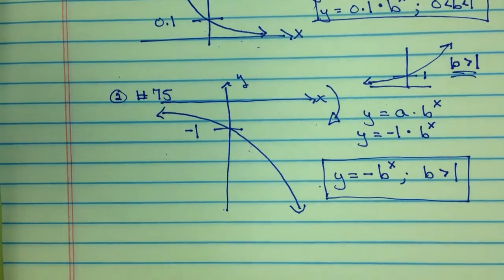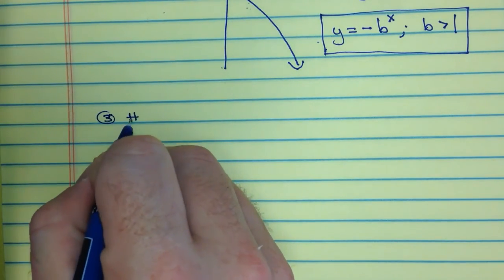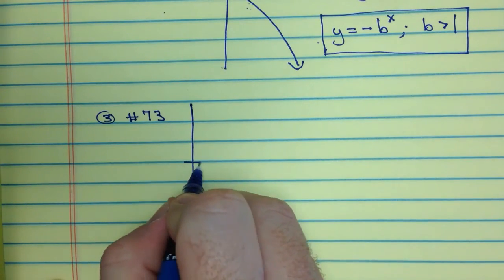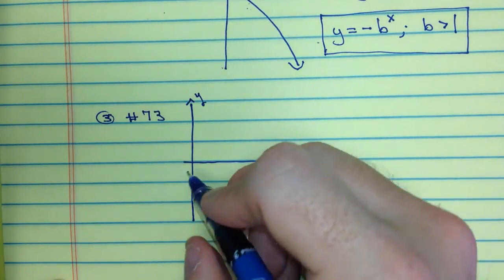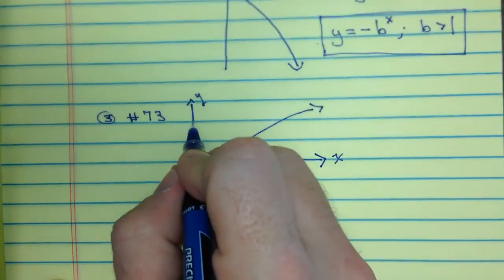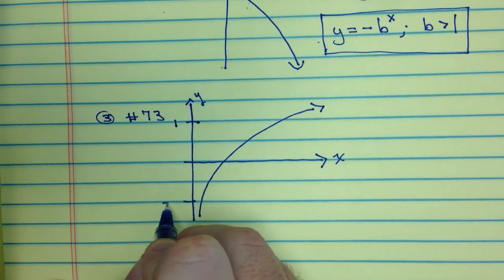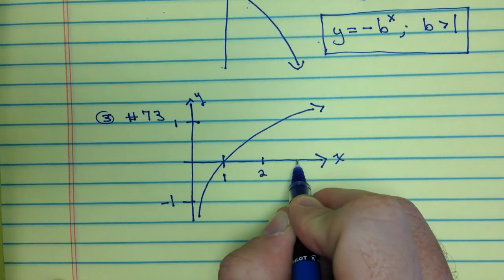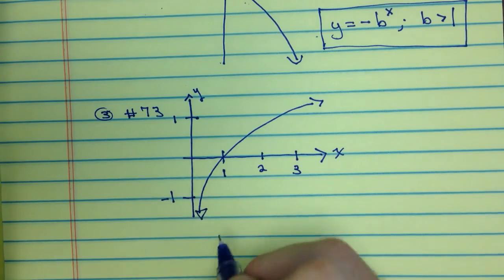Okay, so now our final example, little 3, is number 73. And we're given this picture. Okay, well, you should recognize this is a logarithm.